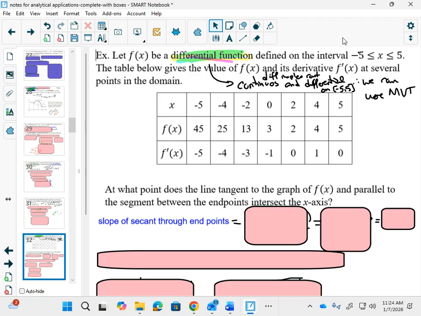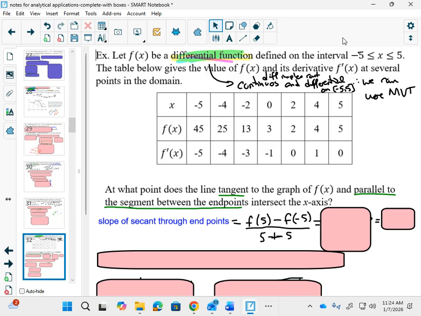So the parallel to the segment between the endpoints, that's your secant line. And if the tangent is equal to that, we need to find out where that is.